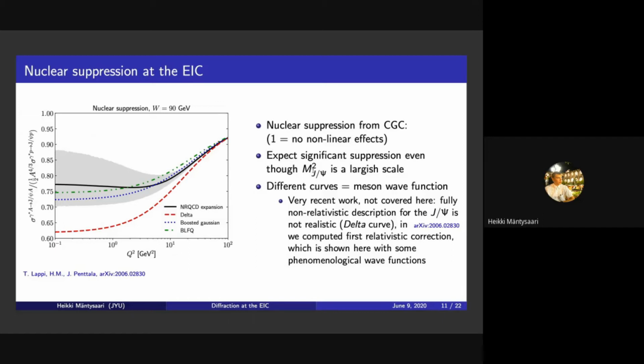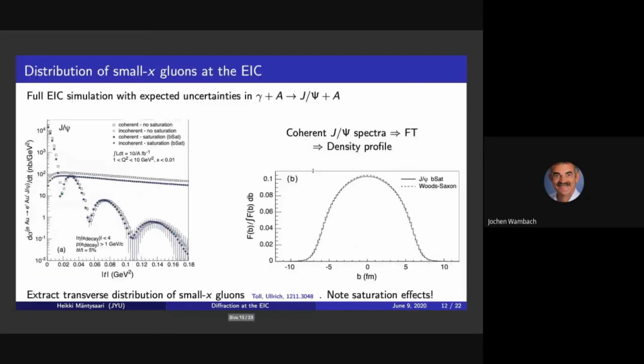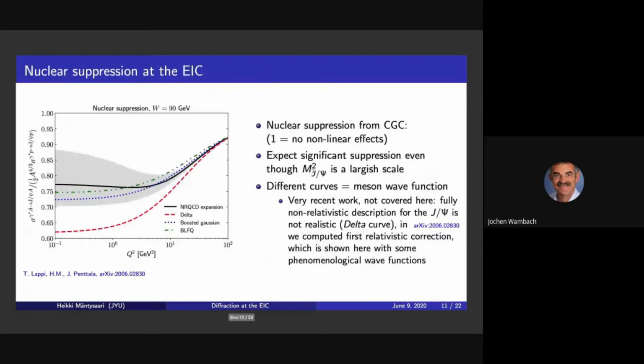Sorry, what is this gray band? Can you go back? The gray band is for one of these wave functions. We also have available the wave function we developed in this paper, and we have some uncertainty analysis available.